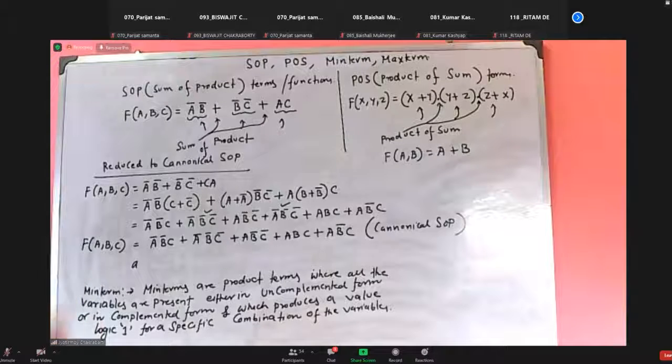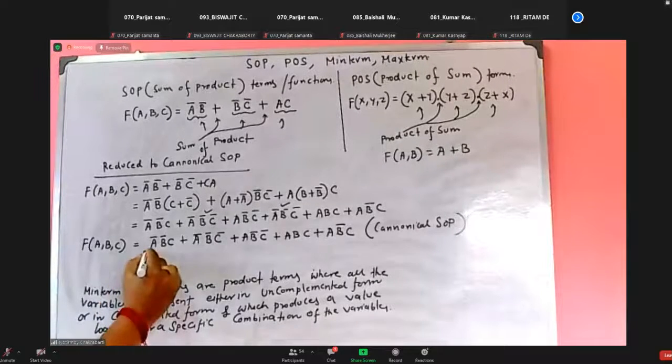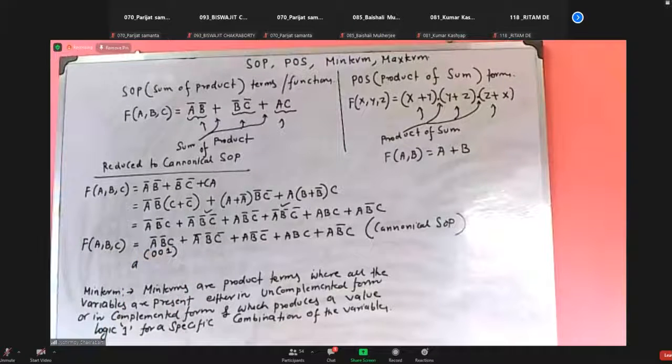যেমন ধরো A bar, B bar, C. So if you represent this A bar, B bar, C with respect to some Boolean value, what will be the value corresponding to A bar? A bar means 0. Bar means 0. Only the variable means 1. So this can be thought of as 0, 0, 1.